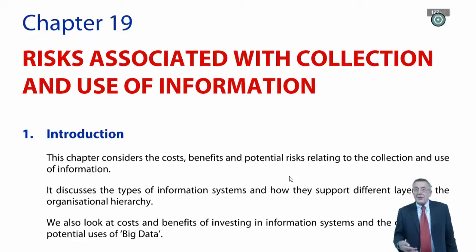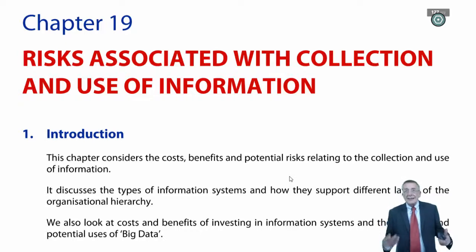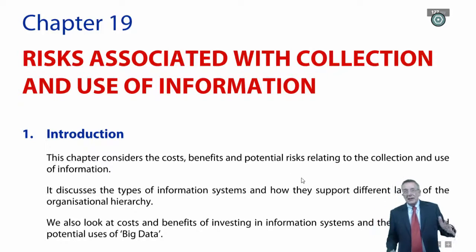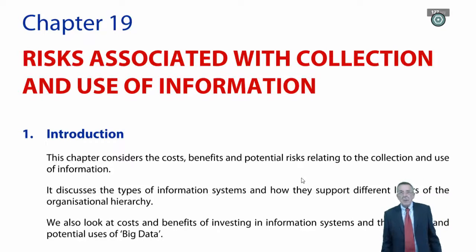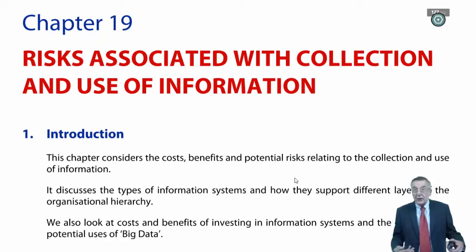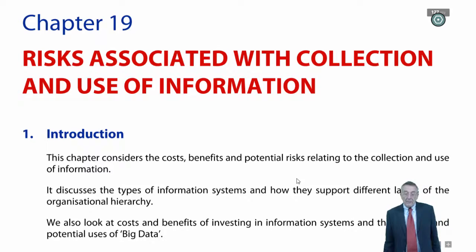And the risks associated with holding data on computer. We spoke about risk management in the previous chapter, looking at whether to accept, avoid, reduce or transfer risk. But here, more specifically, the risks associated with holding all this data on computers.